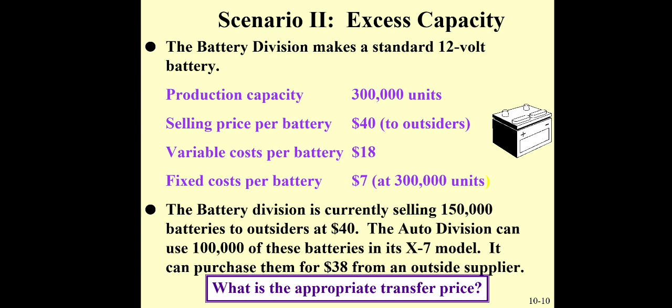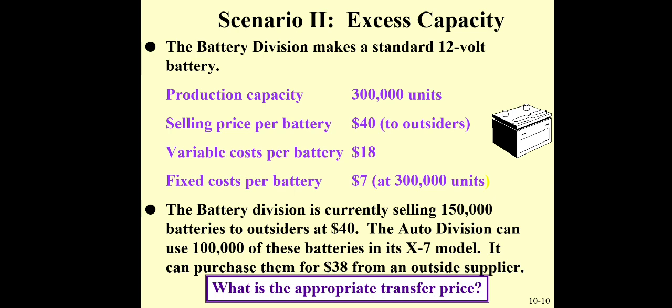You can see here the battery division makes a standard 12-volt battery. Production capacity is 300,000. Selling price per battery is $40 to outsiders. Variable cost per battery is $18. Fixed cost per battery is $7 at 300,000 units. See here, the battery division is currently selling 150,000 batteries to outsiders at $40.